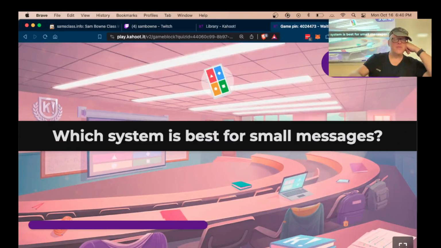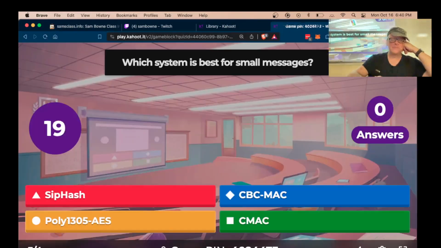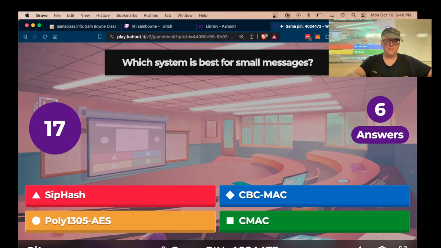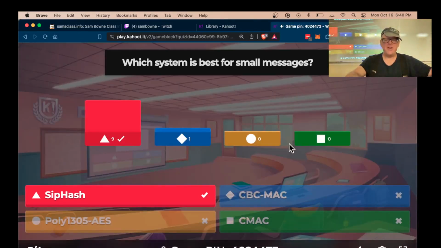All right, which one is best for small messages? SipHash, all right.